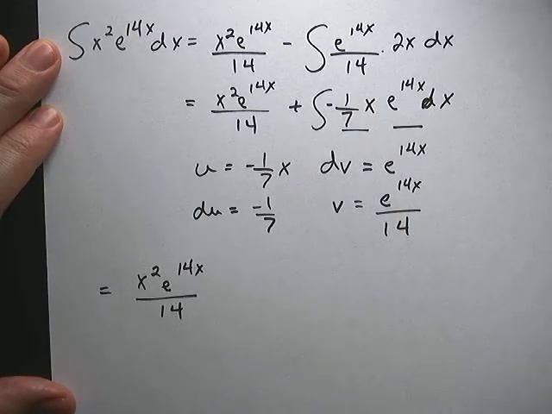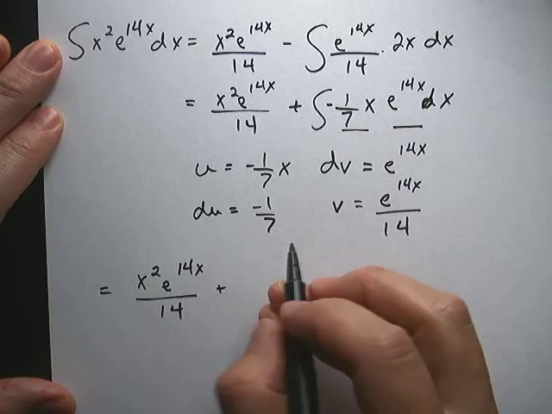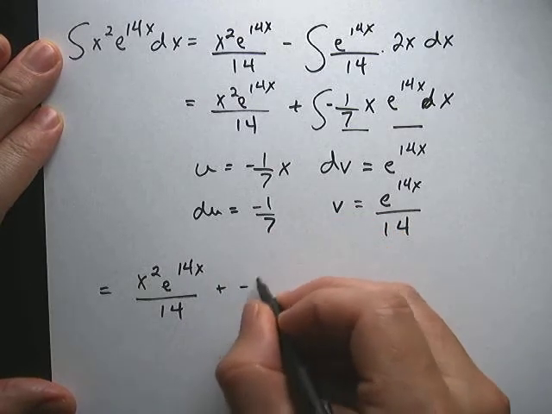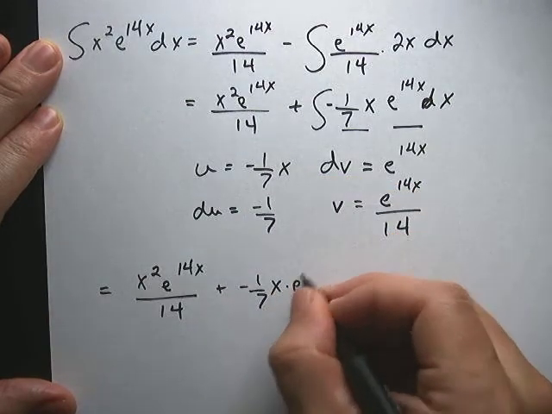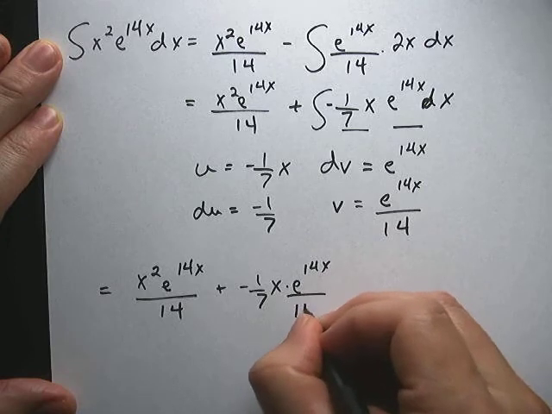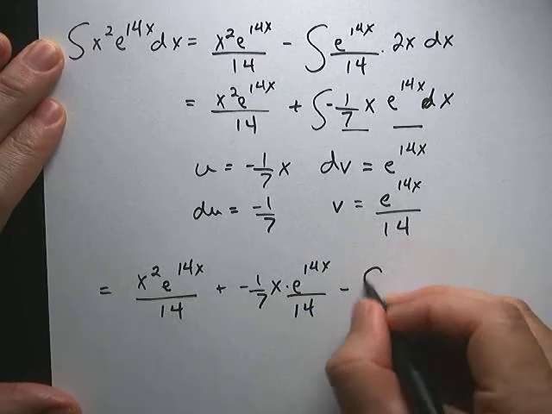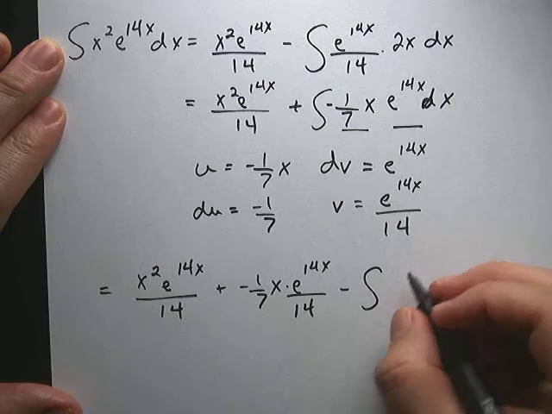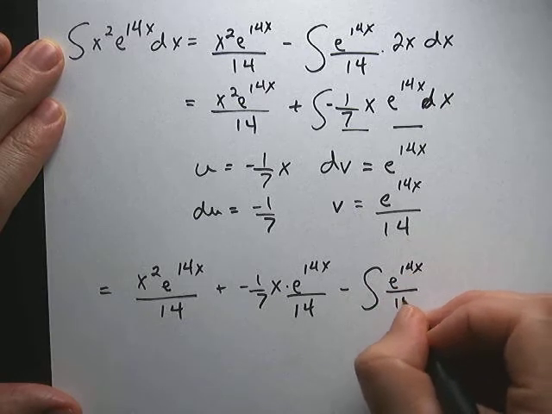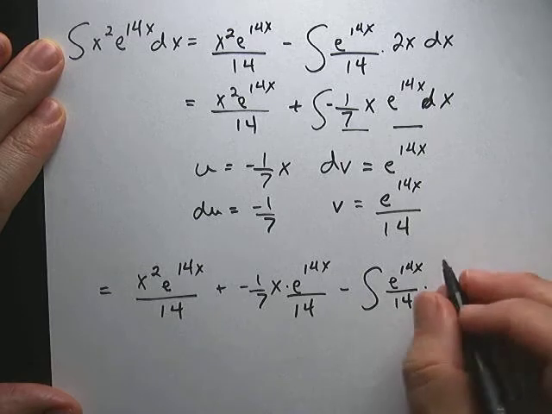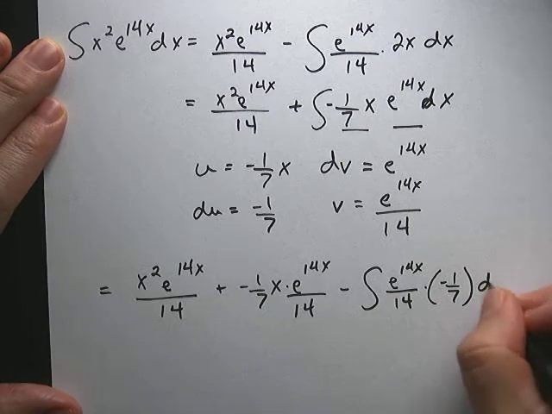Okay, so we've got that first term written, and let's go ahead and do uv, so negative 1 over 7x times e to the 14x over 14, that's uv, minus the integral of v, which is e to the 14x over 14, times du, which is negative 1 over 7, and that's dx.